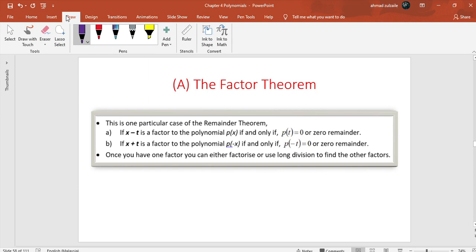Similarly, when you have x plus t, you substitute negative t into the polynomial, and it also gives you a zero remainder. So therefore, this x minus t or x plus t is a factor of that polynomial. Once you have one factor, you can use long division to find the other factor.